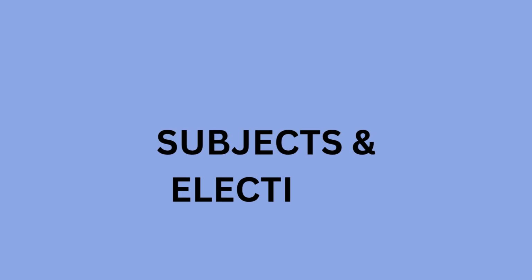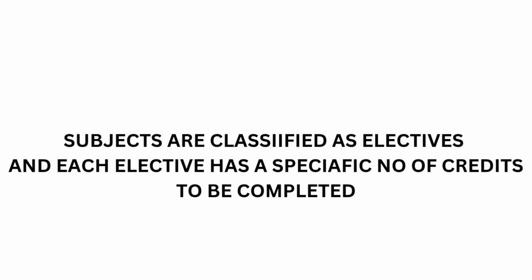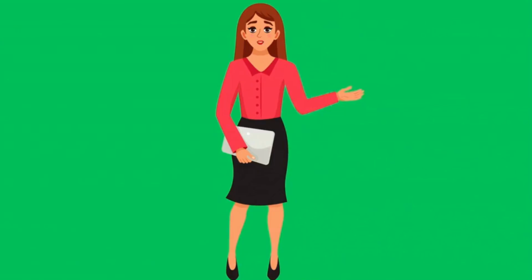Now, let's speak about the most important part of your bachelor's course, that is your subjects. Your subjects are basically classified into different categories. Now, these categories are generally called electives, and every elective has a specific number of credits to be completed. Let's speak more about these credits. I'm going to be explaining the number of credits you're supposed to complete in each elective, and this is according to my university curriculum.